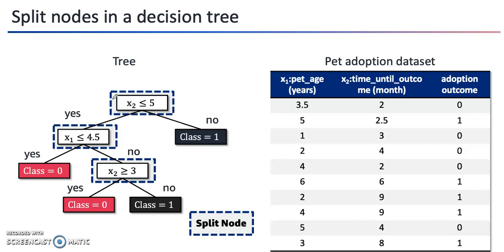For example, we may start with this condition and then go along this branch and then move on to this branch. These are examples of split nodes. The root, which is the beginning going from top to bottom, is also considered a split node.